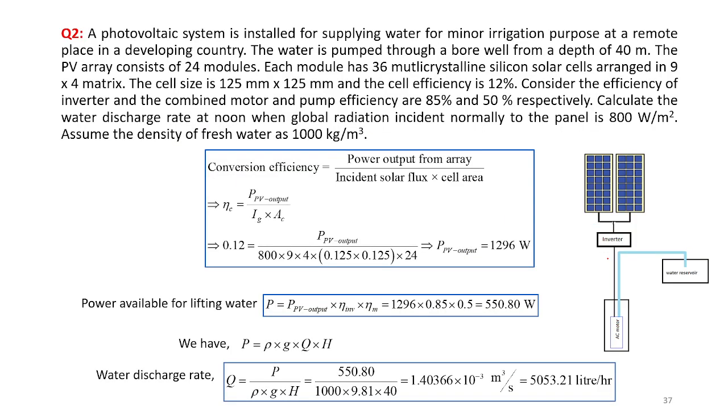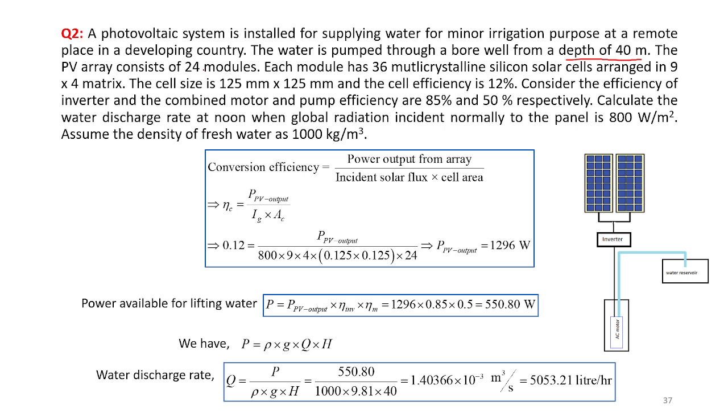So this is the numerical that will make it clearer how this application works in a practical scenario. A PV system is installed for supplying water for minor irrigation purposes at a remote place in developing countries. The water is pumped through a borewell from a depth of 40 meters.